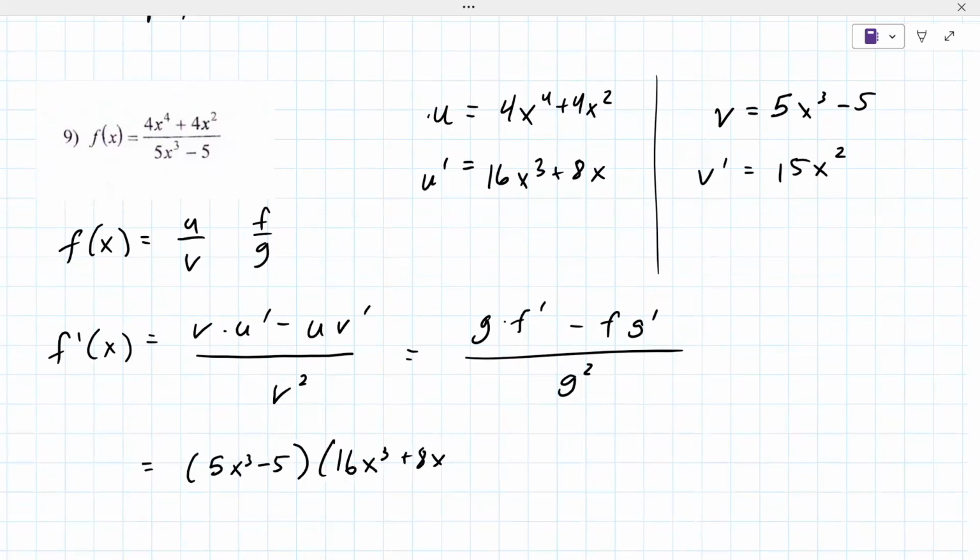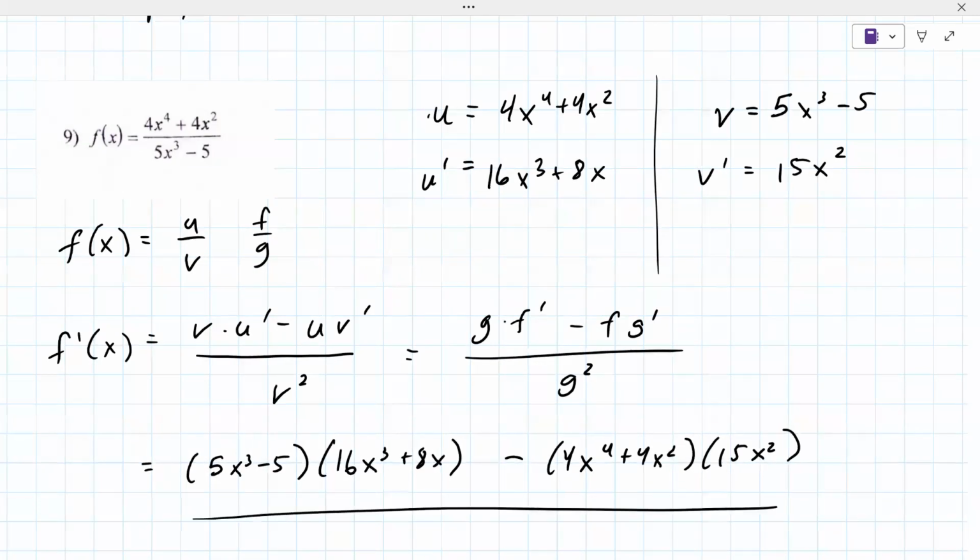All right, 16x cubed plus 8x minus 4x to the fourth plus 4x squared times 15x squared, over 5x cubed minus 5, squared. Did your instructor talk to you about that you do not generally simplify these unless you were told to? No, he does not talk to us about a lot of stuff.